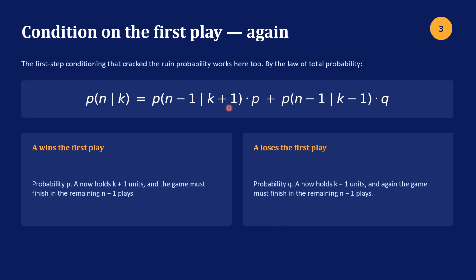This is just saying A wins the first game with probability p, and then the game finishes in n minus 1 steps, given that A now has k plus 1 units, or A loses the first game, now has k minus 1 units, and then the game has n minus 1 steps remaining to go to ruin. So we can write this as this sum here. This is leading us in the direction of getting a difference equation. So let's proceed on the next slide with that.